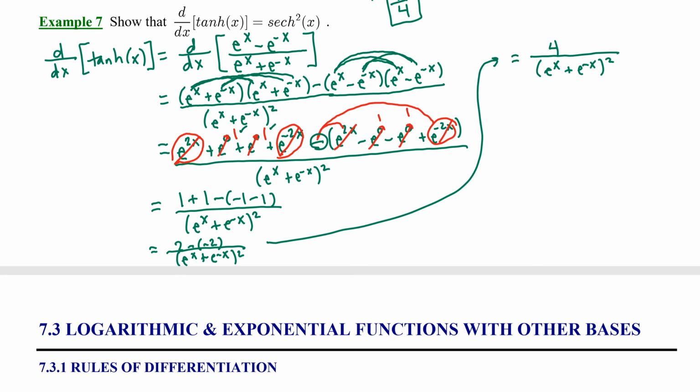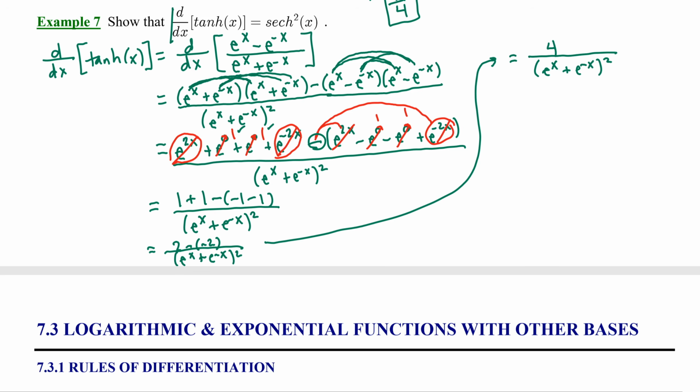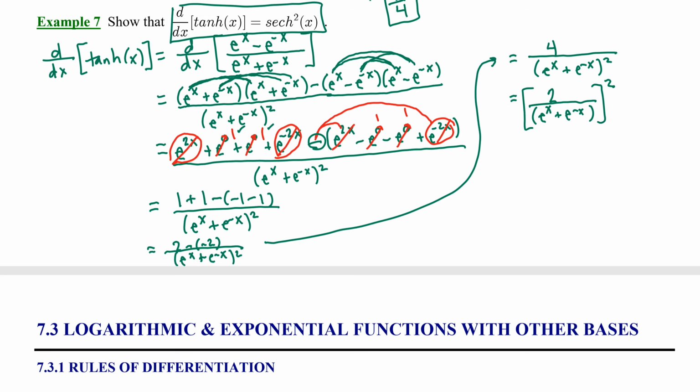Okay, so we've differentiated, and we have simplified. Remember, we were trying to prove this relationship here. We have the derivative of hyperbolic tangent on the left. We're trying to arrive at hyperbolic secant squared. So notice I could rewrite this as 2 over e to the x plus e to the negative x, squared, right?